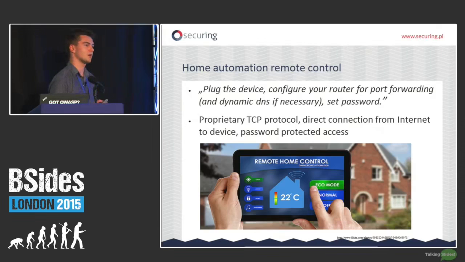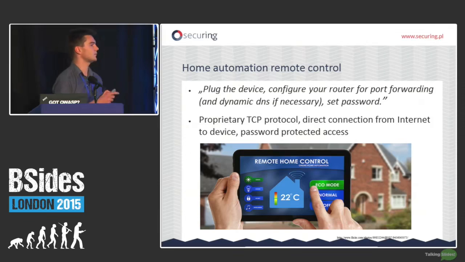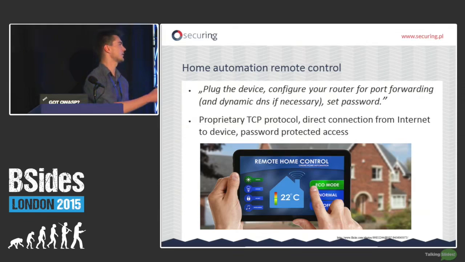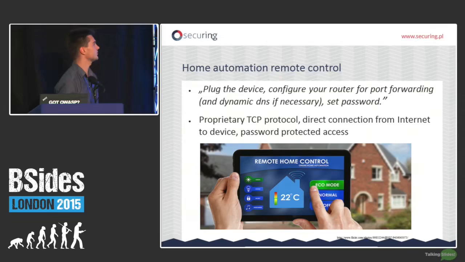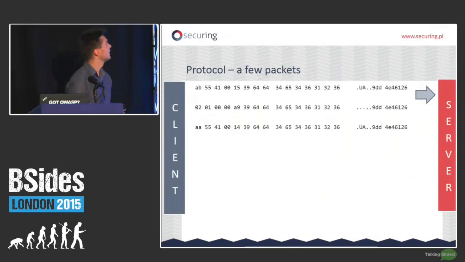Additionally, you get a mobile application, for example for Android, from which you can control your smart home. During this test, we found some proprietary network protocol which works from the mobile application to the server, to this box. I would like to show you the Wireshark capture from this box.